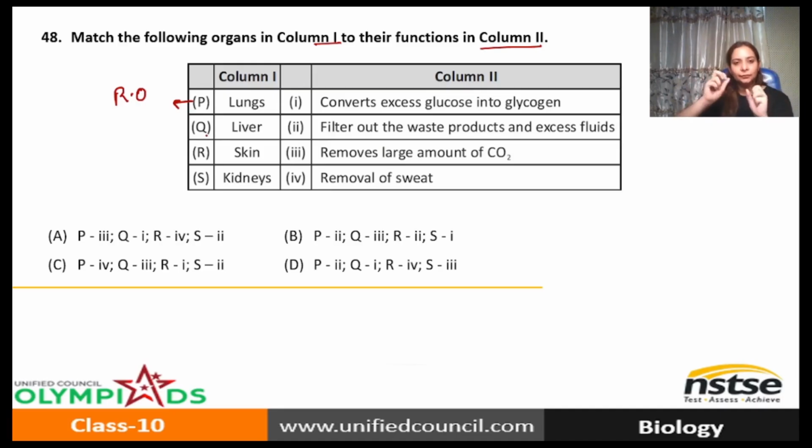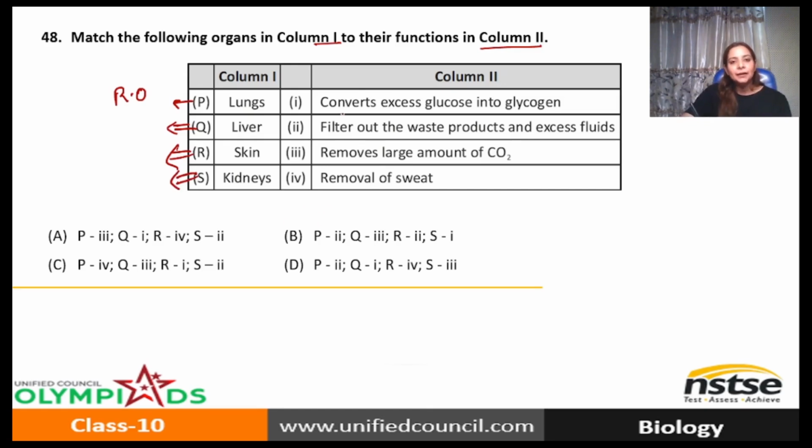They have alveoli, and inside them the exchange of gases takes place. Liver is basically the largest gland of the body. Skin, we all know that our body is covered with a sense organ, skin, because of which you can feel something. And kidneys, a pair of kidneys is present below the waist, behind the stomach, and their function is to remove nitrogenous waste.